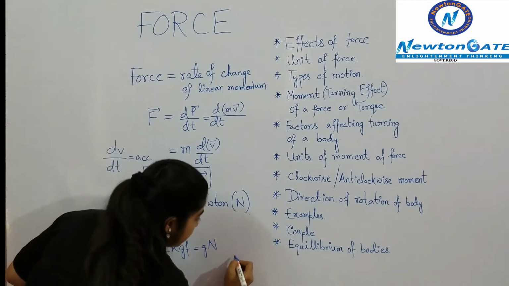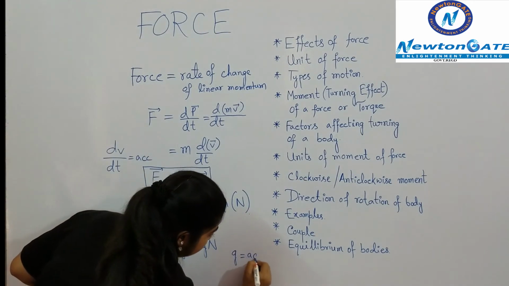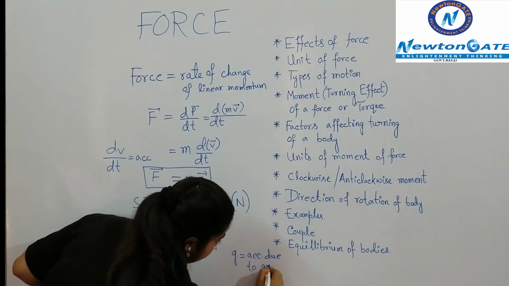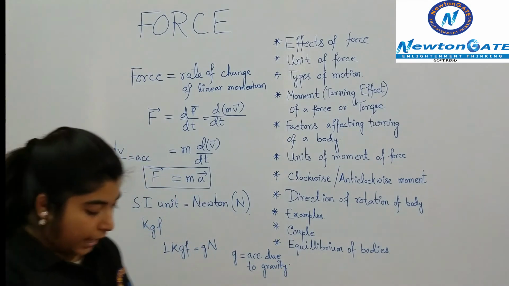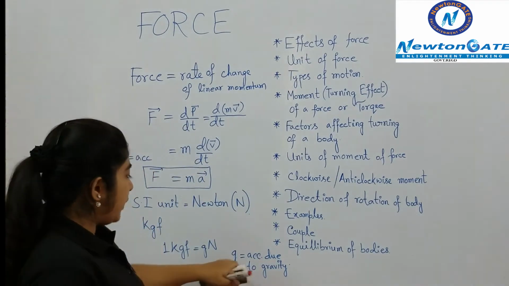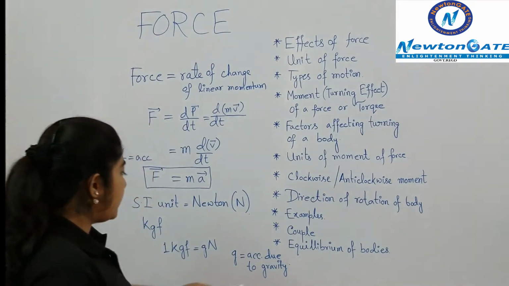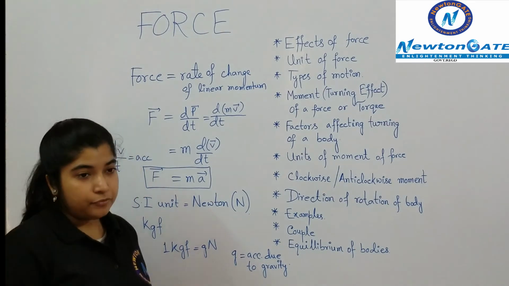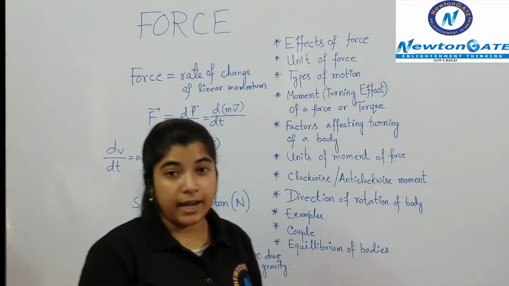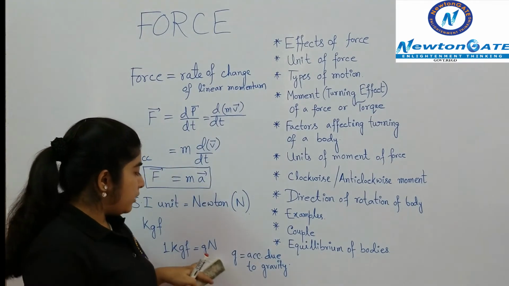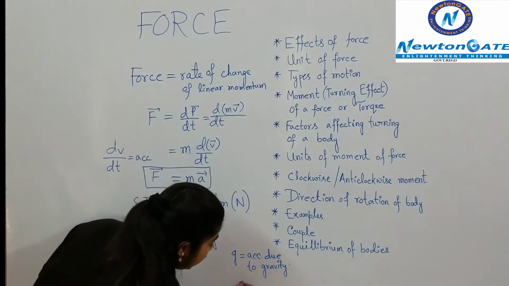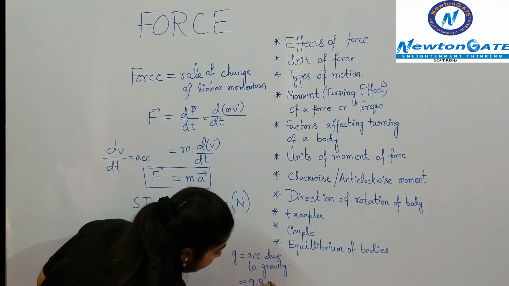So what will be the numerical value of g? This will be 9.8 meter per second square. We have seen this in the previous class, in gravitation, where we derived the numerical value of g. So g value is 9.8 meter per second square.